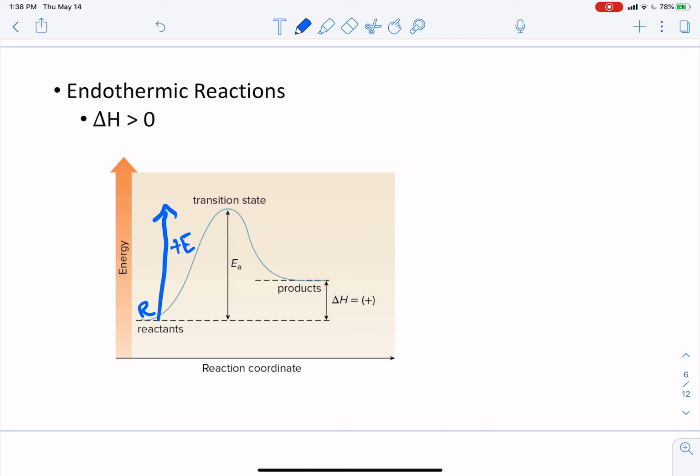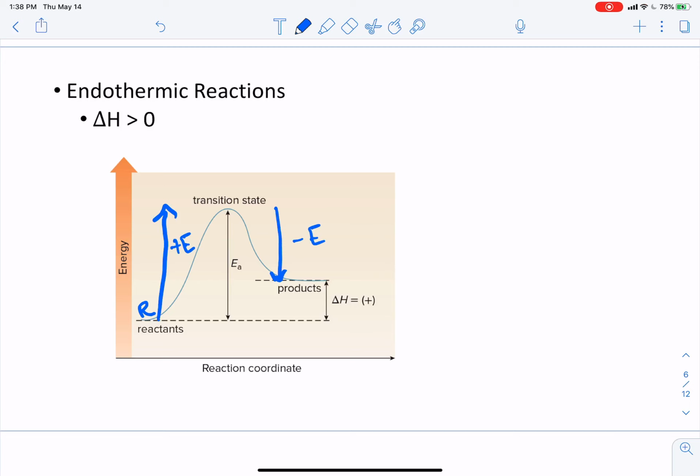And that amount of energy is equal to the energy of activation, and then you hit the transition state, and what you have is a little bit of a release of energy because you're making bonds, but you can see that you don't release as much energy as you had to put into this system to make the reaction happen.